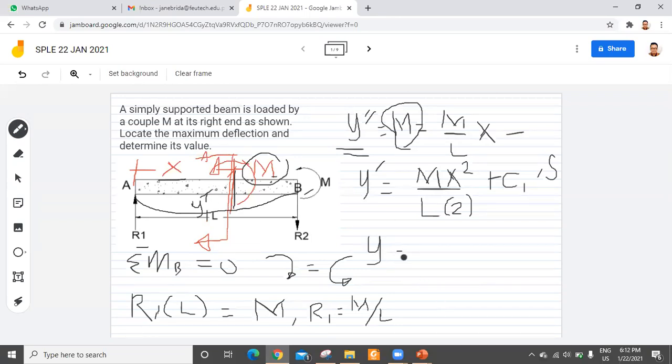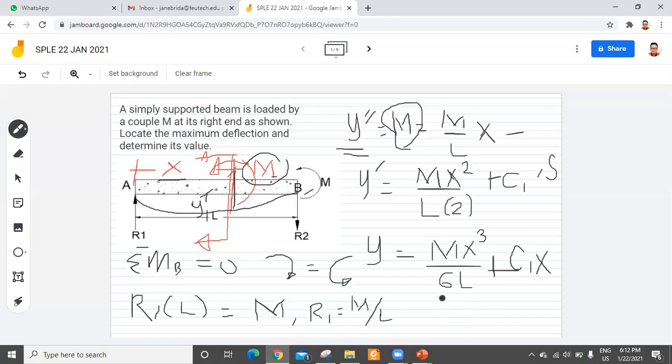So y, we integrate again. M x squared will become n plus 1, power 2 plus 1 will become 3, all over L, you have 2, then another 3, 2 times 3 will become 6. You have plus C1 and then times x. If you have a constant in integral calculus, when you integrate, the constant will just be multiplied by x.